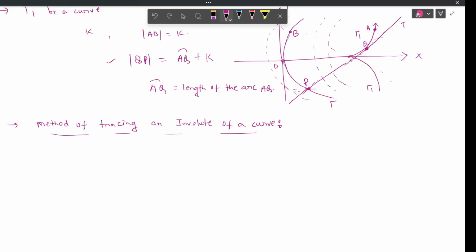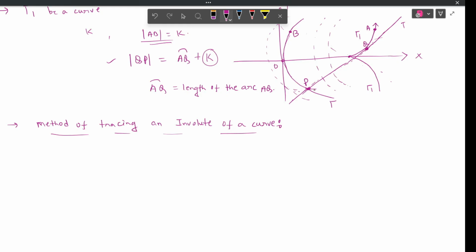It should be noted that there will exist a point on gamma whose distance from A will be K. That is AB is K. Thus, for every number k, we will get an involute.